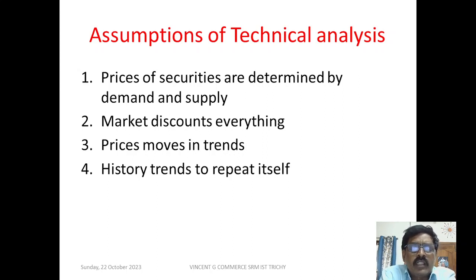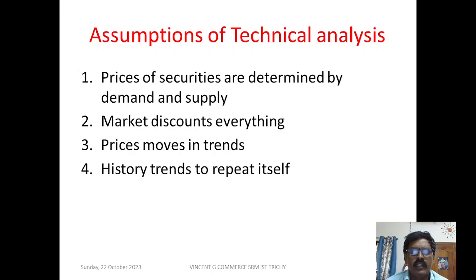And the third assumption is that prices move in trends. Prices always move in a way or certain shapes, which we call trends. And we have three types of trends: upward trend, downward trend and flat trend. In an upward trend, the prices of different periods are continuously moving in an upward direction, and sometimes the prices of shares may be falling down continuously for maybe more than 3 to 5 years.